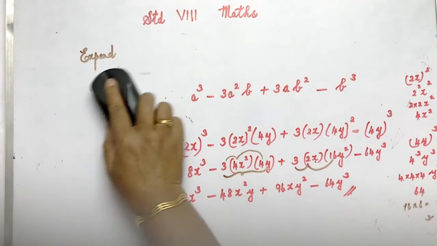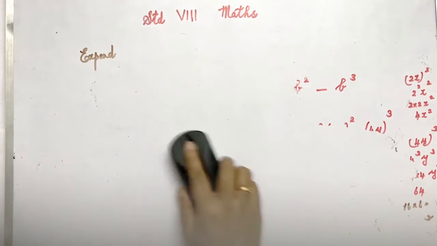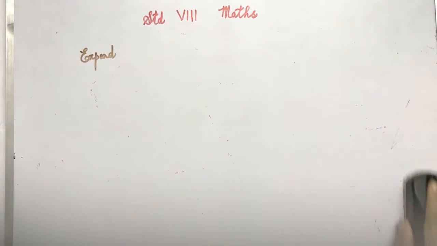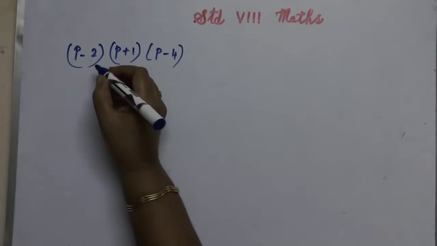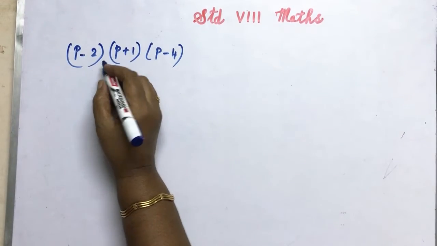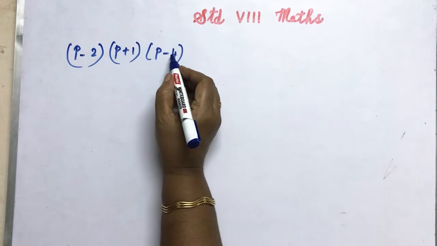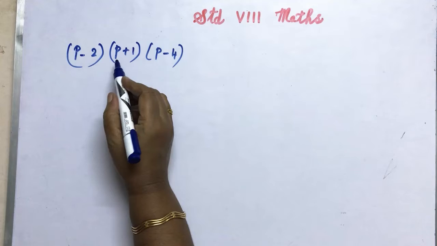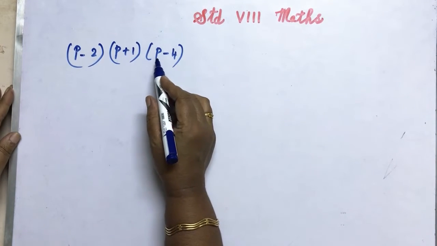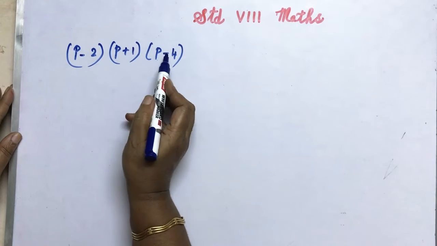Now we will do the third sum. Now we will do the next sum. Here we have 3 brackets. In the brackets, the first term is the same. Here we have p, here we have p, and here also we have p. But the second term is different.